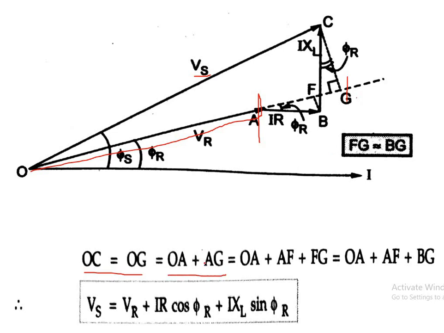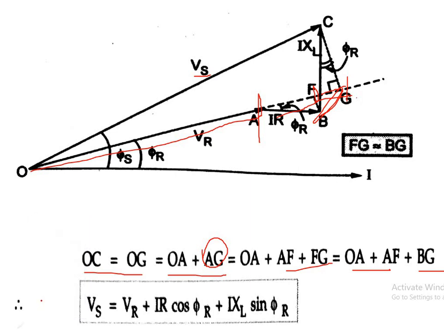Again, this AZ I can rewrite as AF plus FZ. So I get OA plus AF, and FZ is the same as BC, so instead of FZ I can write BC. Again the same thing: OA plus AF plus BC.